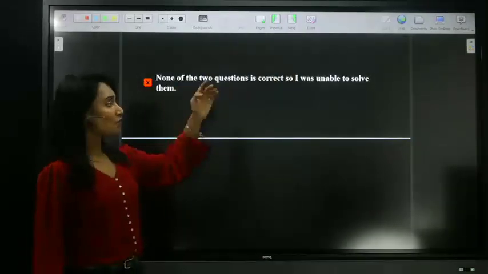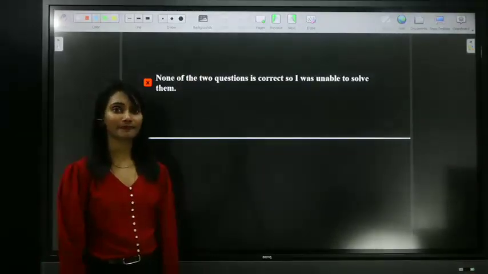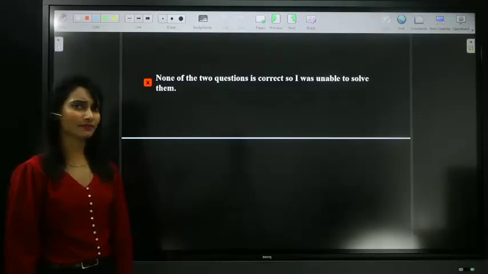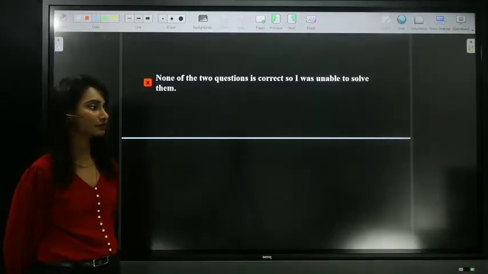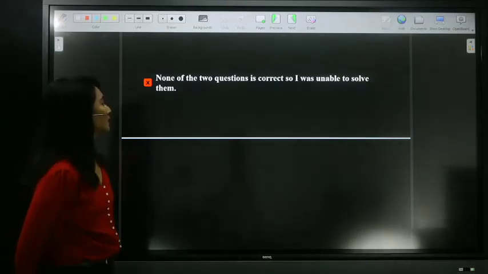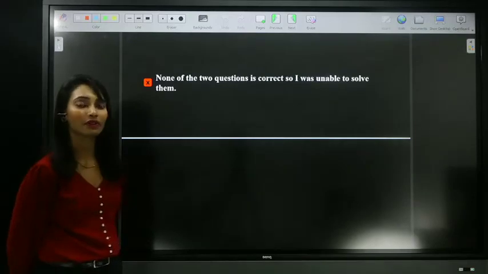None of the two questions is correct, so I was unable to solve them. Now try to answer this. None of the two questions is correct, so I was unable to solve them.